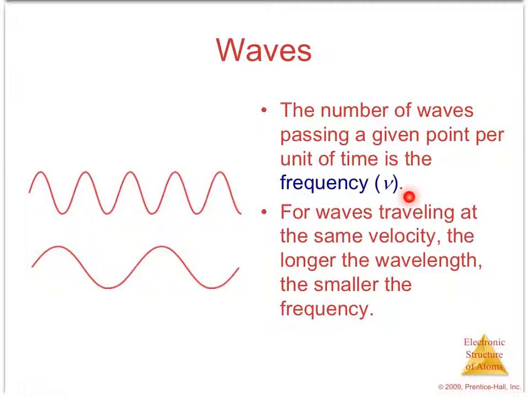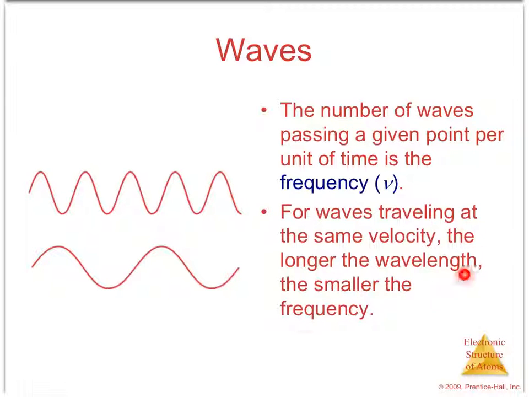Frequency is denoted with this symbol here, which looks just like a V but is not a V. It's called nu, and again it denotes how many waves have passed a given point per second.